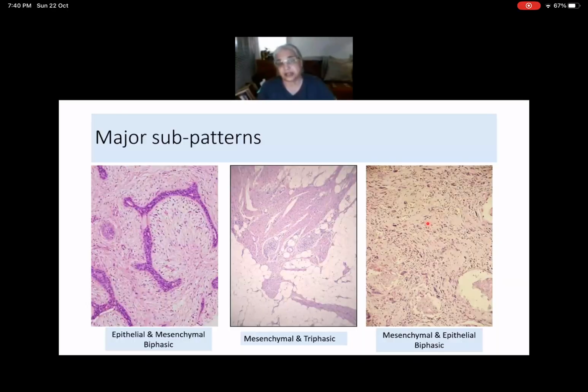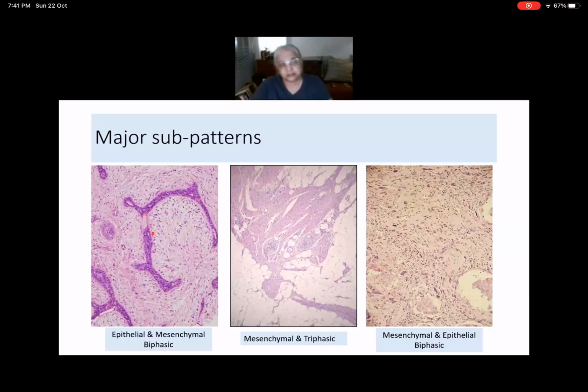Now there are the sub patterns. Here you have epithelial and mesenchymal, which is biphasic. We have mesenchymal. All of this over here is mesenchymal and it is triphasic. You've got fat, you have got these pink collagen-like cells, which are fibroblastic cells producing collagen.